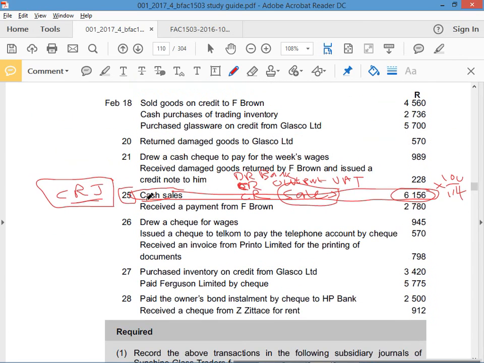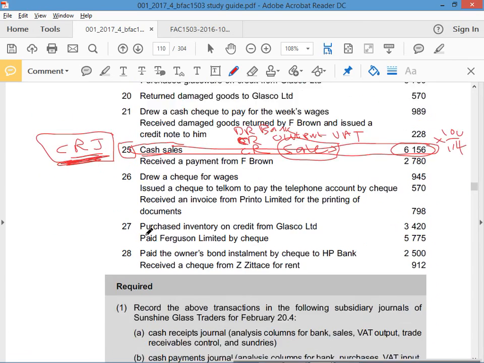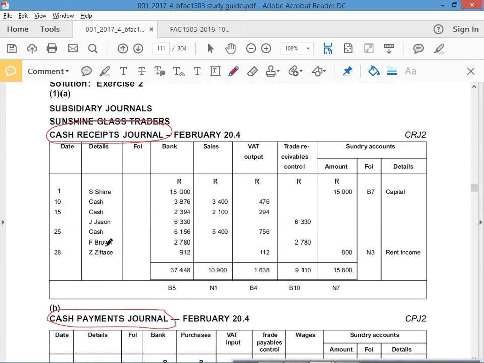Right, so do you guys all agree this should be in the CRJ? If I go to my answer, there we go. There's the cash representing the sale, there's the exclusive, there's the VAT, there's the inclusive. And that's what we did for the exam question.